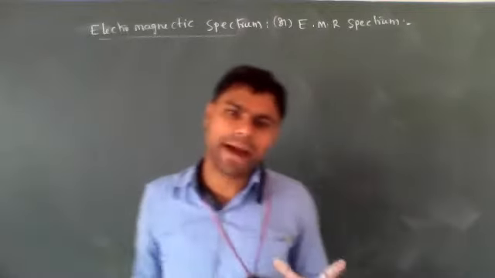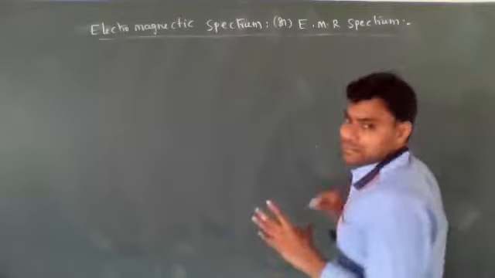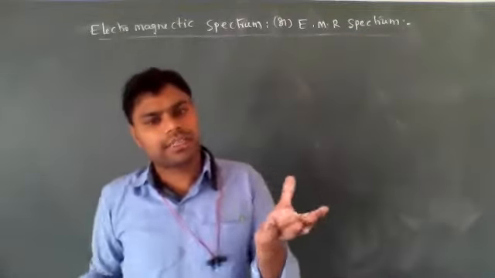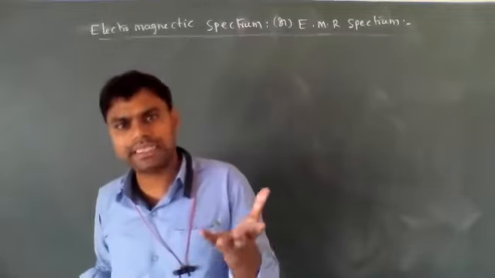Already we know about electromagnetic radiations. Here, spectrum means what? It is like a photographic plate, meaning an image. An image is known as a spectrum.